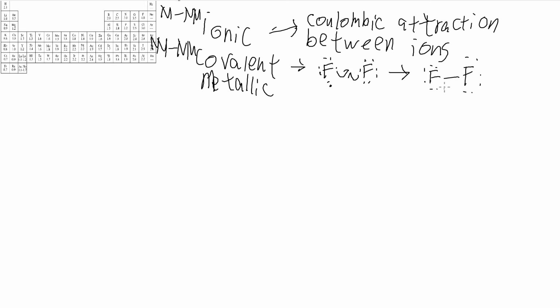And so what happens is you have 1, 2, 3, 4, 5, 6, 7, 8, and 1, 2, 3, 4, 5, 6, which, 8 plus 6 is 14. And this bond here is considered to be part of both. And so the left fluorine has 8 electrons, and the right fluorine also has 8 electrons. Therefore, they both satisfy the octet rule, and they're both happy.